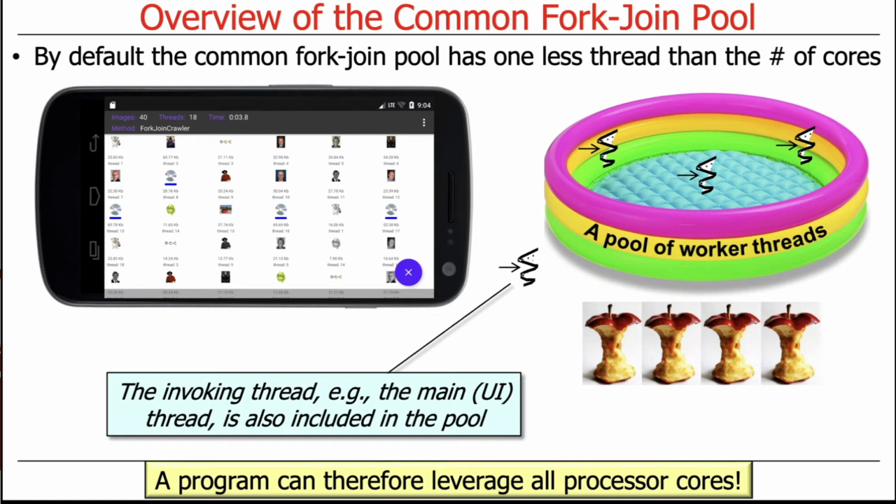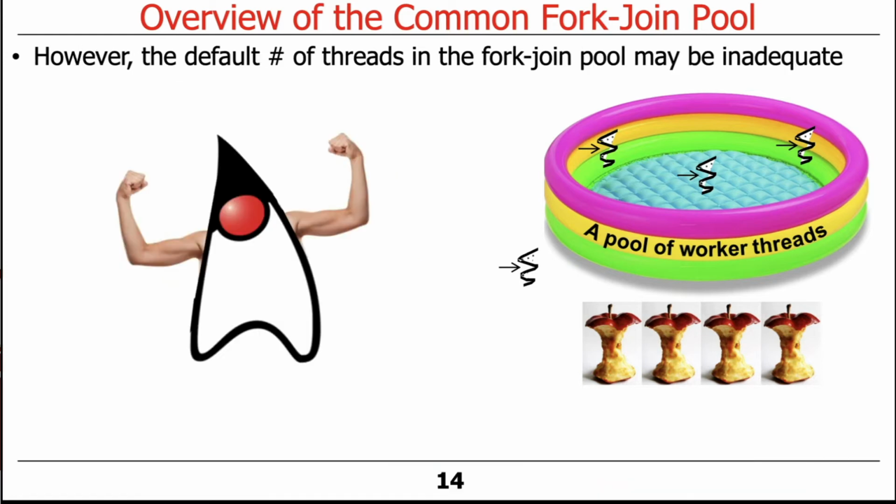And therefore, a program that uses the common fork join pool can leverage all the processor cores if that's what you desire. And we'll talk later about ways to limit or expand the number of threads that are part of the common fork join pool. But by default, you get one less the number of cores as the number of threads, and then the invoking thread itself can also be used in that way as well.